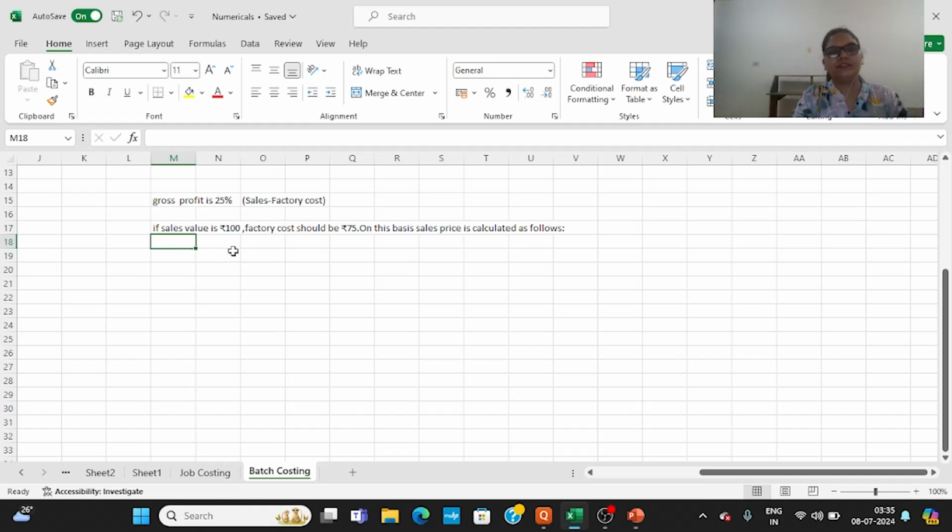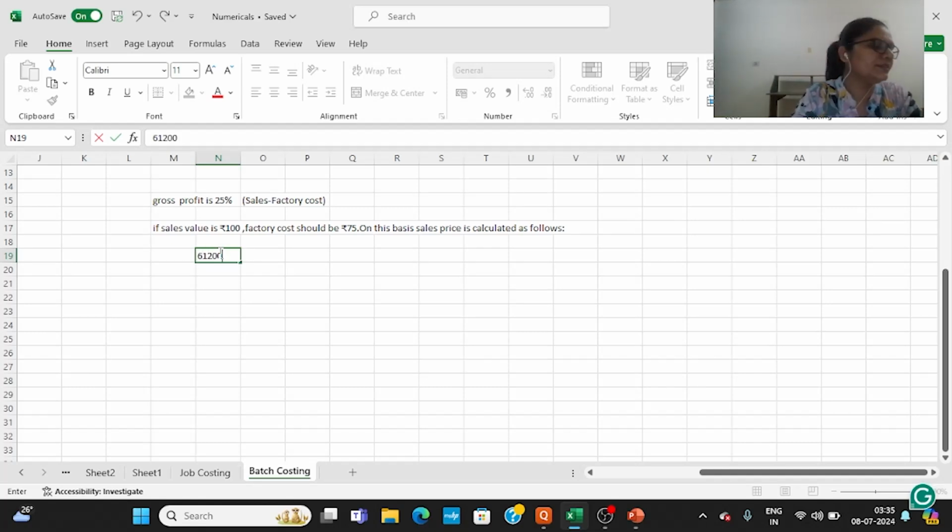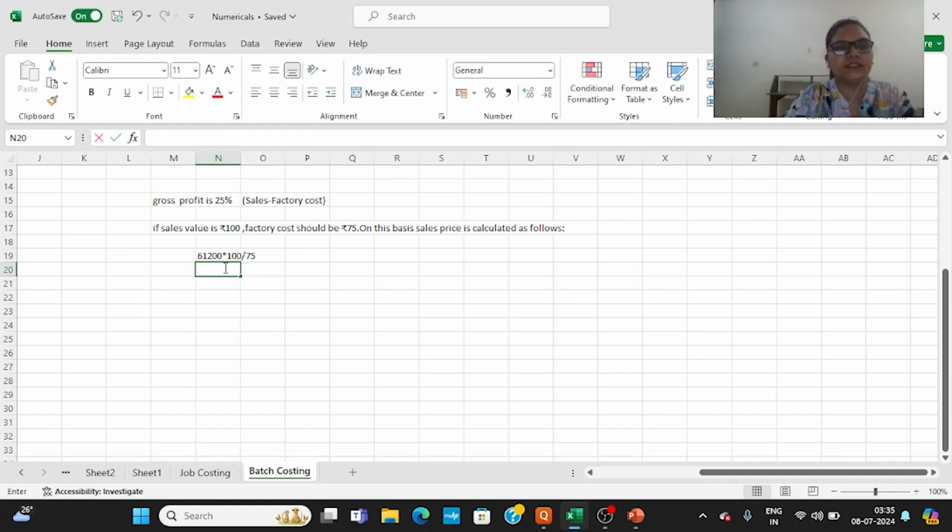So sales value on the basis of factory cost will be 61,200 into 100 divided by 75. It will give you the value of 81,600.